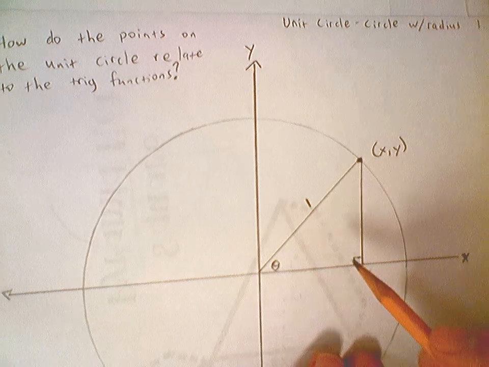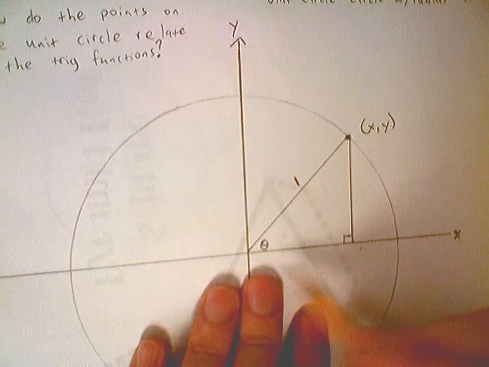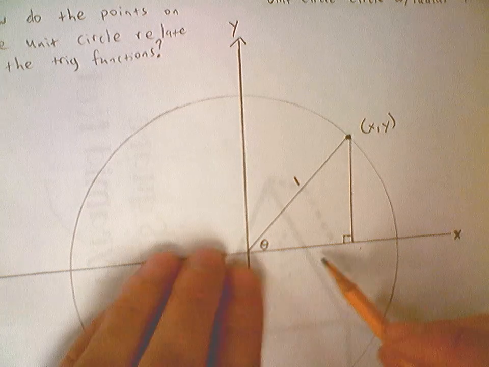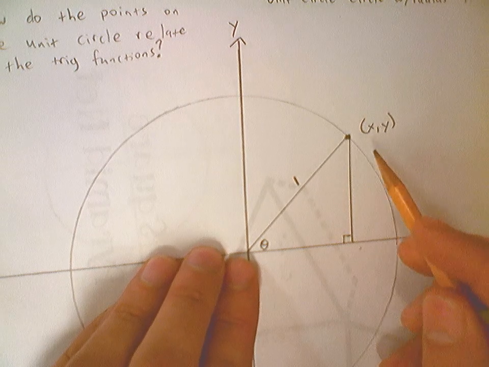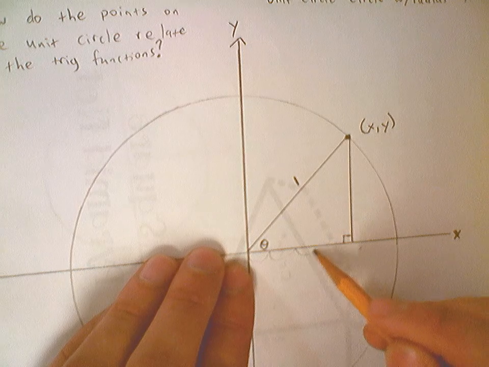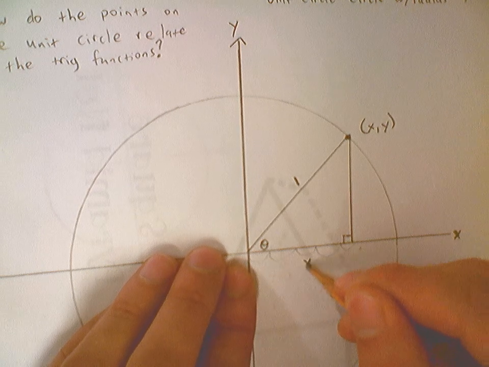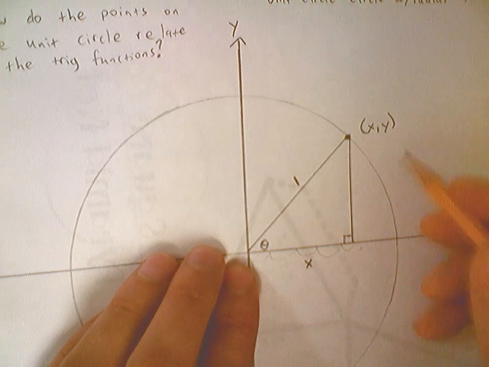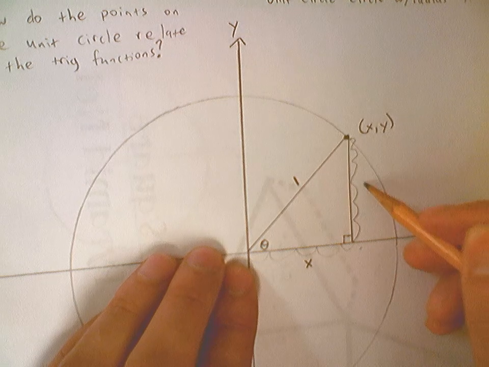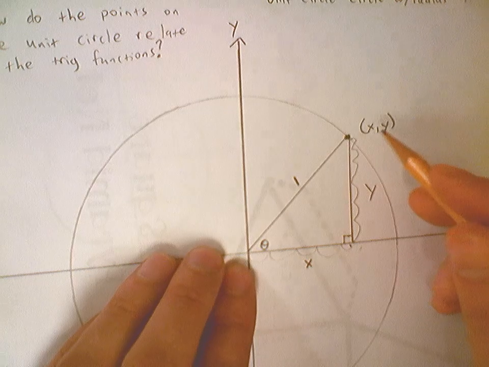So let's see what else we know about this right triangle. Let's see if we can figure out these other two lengths of the triangle. To do that, I'm going to use this point. If I know this point is x, y, I know this distance on the bottom is x. And I also know that the distance up from here to here has to be y.